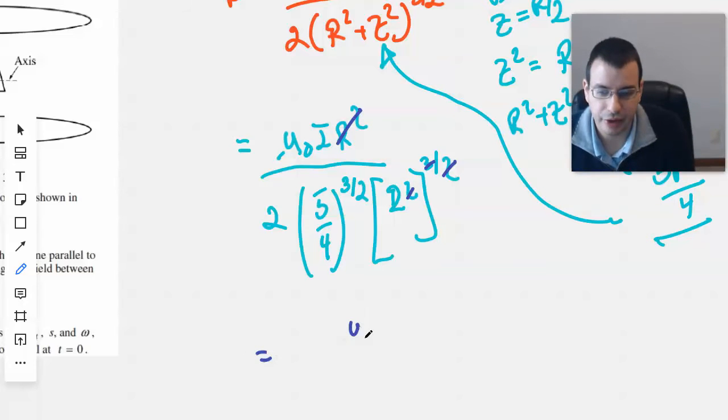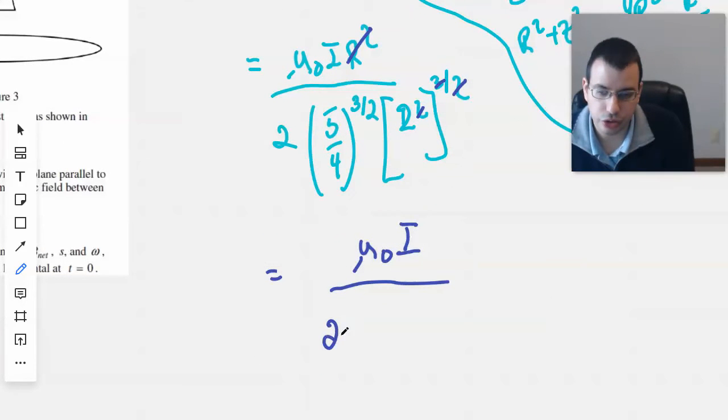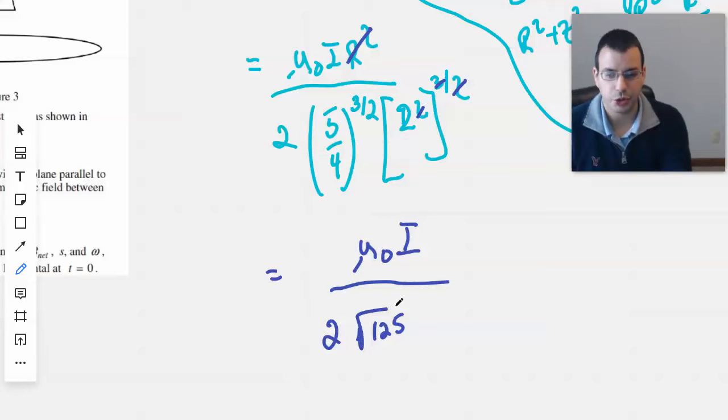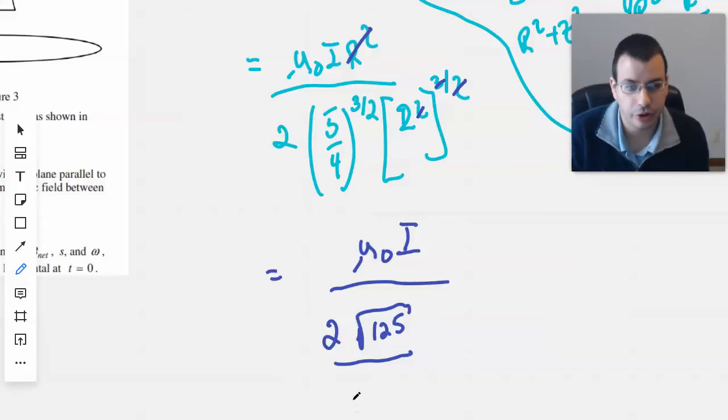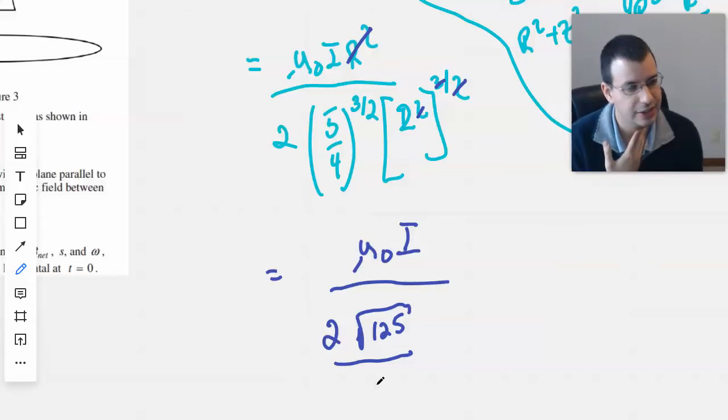So we'll have mu naught I all over 2. And then I'm going to write 5 cubed as 125, because 5 times 5 is 25, times 5 is 125. Then we'll square root that, divided by 4 cubed, which is 4 times 4 is 16, 64. 64 square rooted is 8.